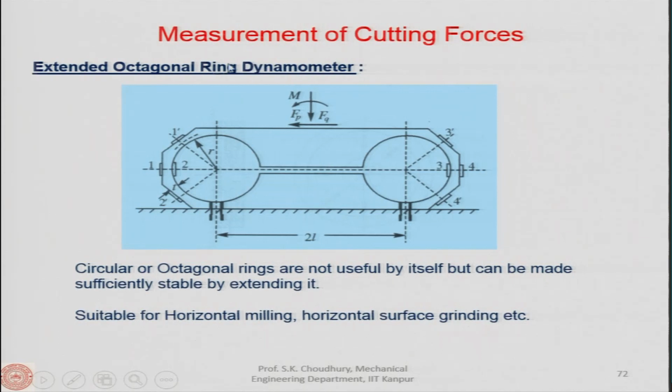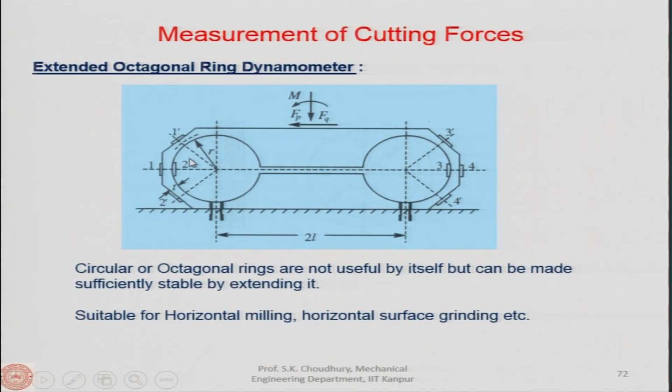Okay. This is the structure which we are familiar with. We have seen that the smaller version of that is the octagonal dynamometer, and we said that the octagonal dynamometer itself is a modification of the ring type dynamometer. Okay. So, here the octagonal dynamometer has been further modified, you can see this.